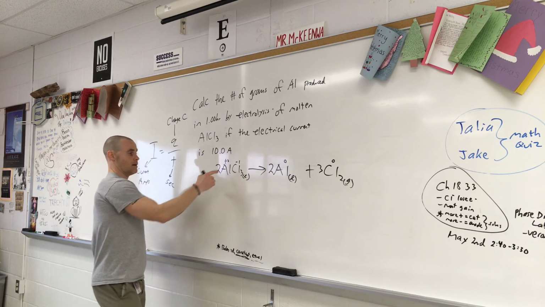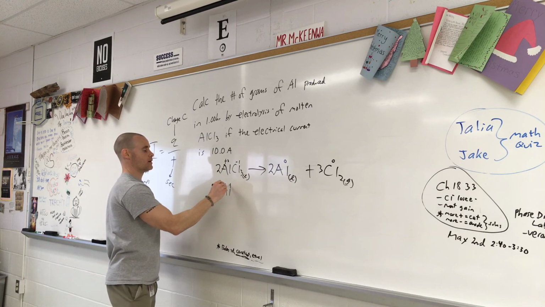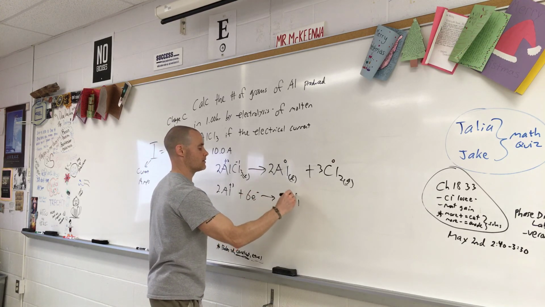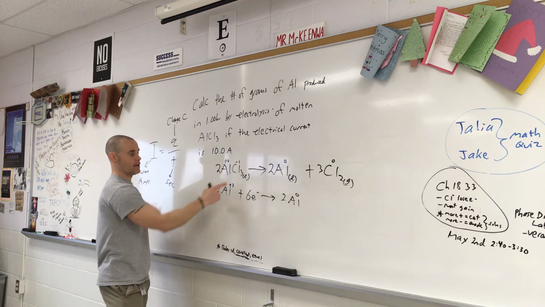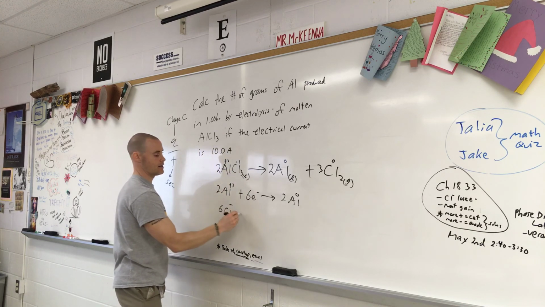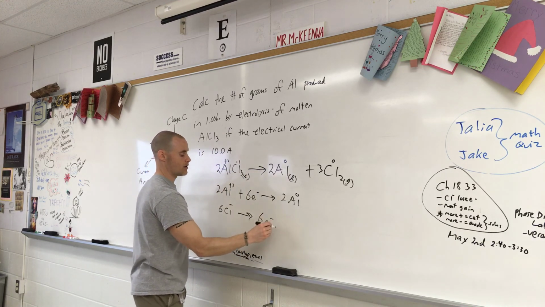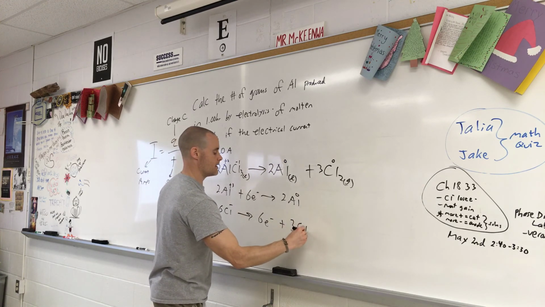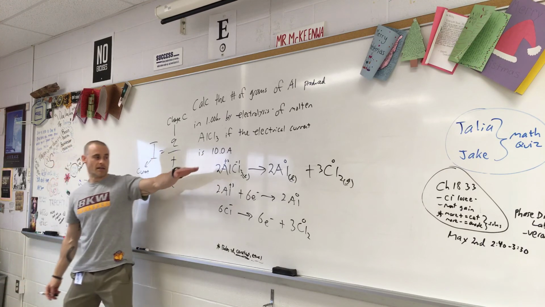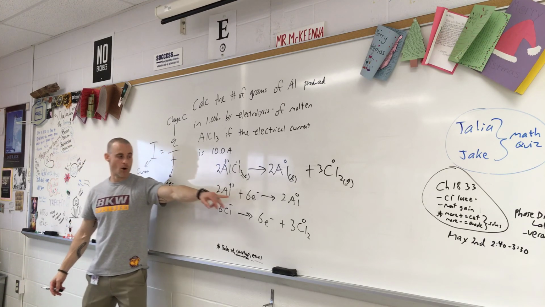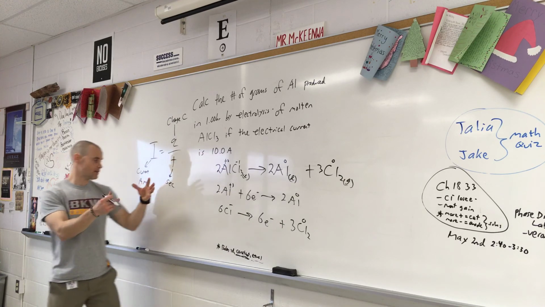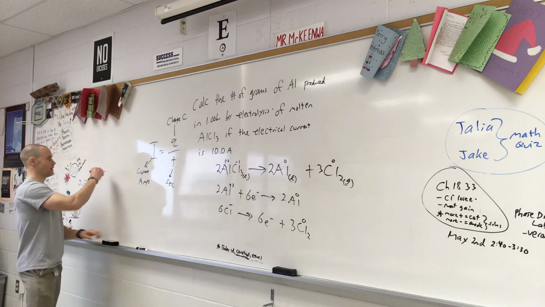So 2Al3+ gains 6 electrons and becomes 2Al0. 6Cl minus loses 6 electrons and becomes 3Cl2. Why am I doing this? Because I need to figure out how many moles of electrons are involved in this conversion.